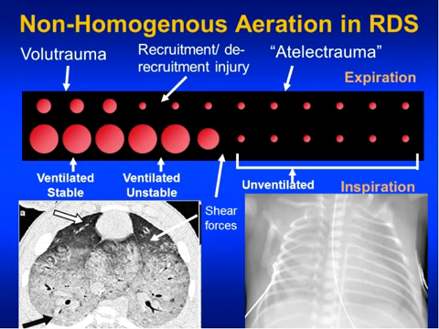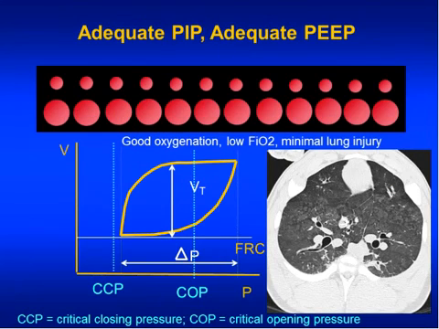It'll all go into perhaps a third of the alveoli, and with a tidal volume of 5 ml per kilo, which would be your normal target, you're actually using the equivalent of 15 ml per kilo in the open portion of the lung. And clearly that's going to injure the lung, and do so in a fairly short period of time.